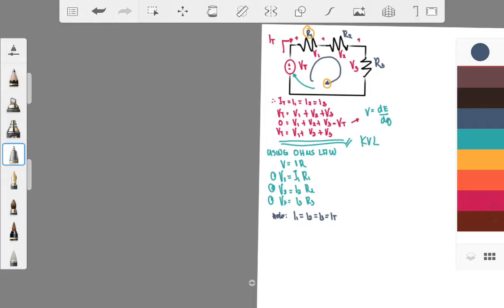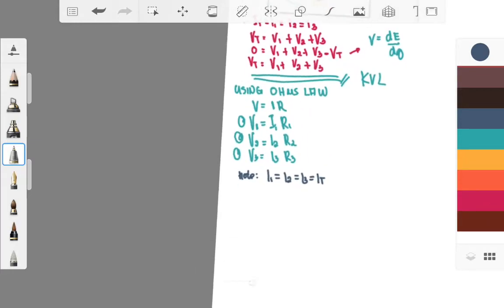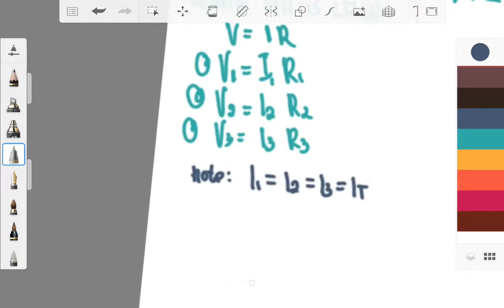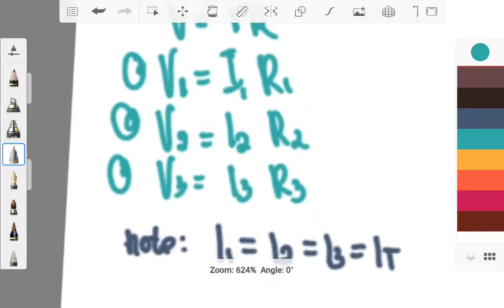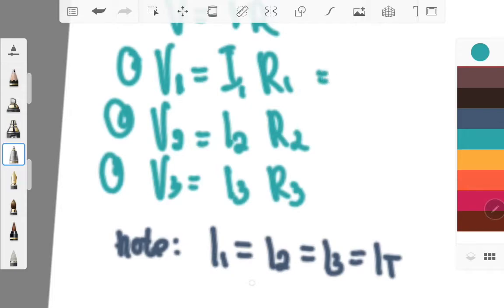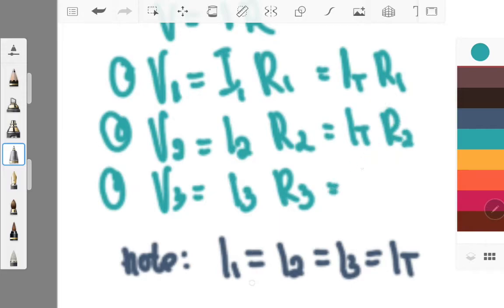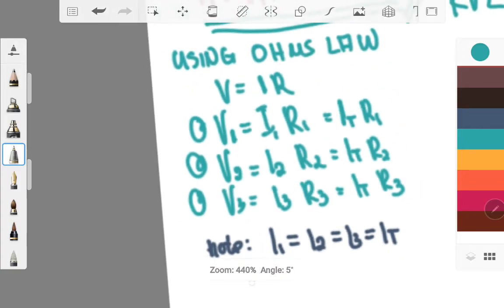So after getting that equation, we may say that your V1 is equal to IT multiplied by your R1, your V2 is equal to IT multiplied by R2, and your V3 is also equal to your IT multiplied by your R3, right?